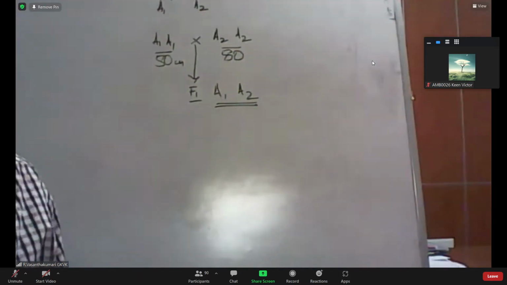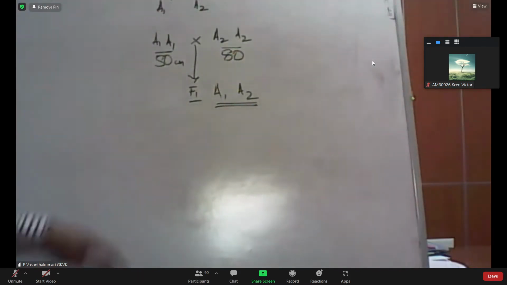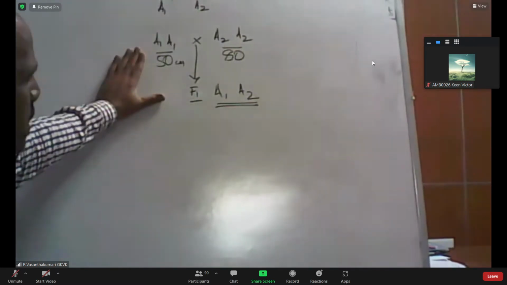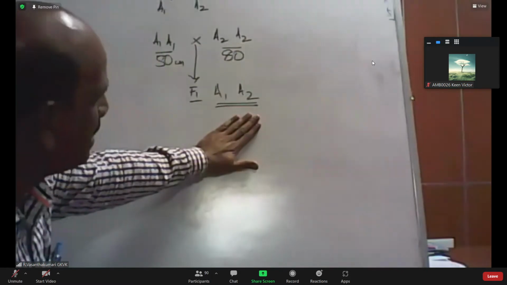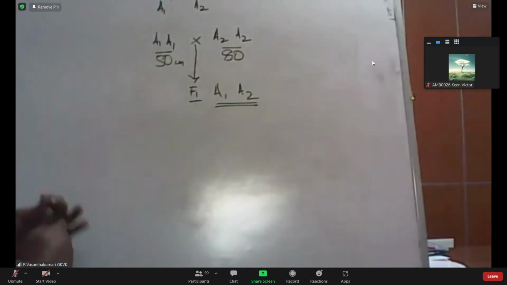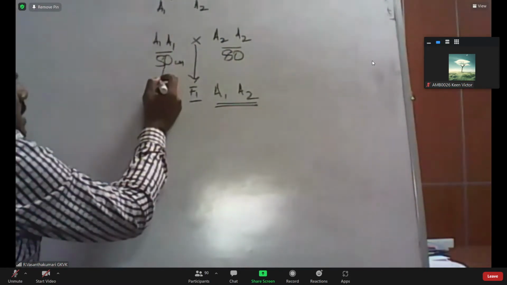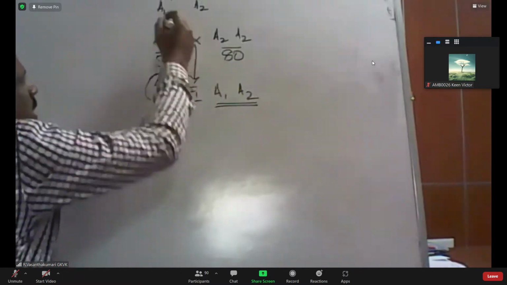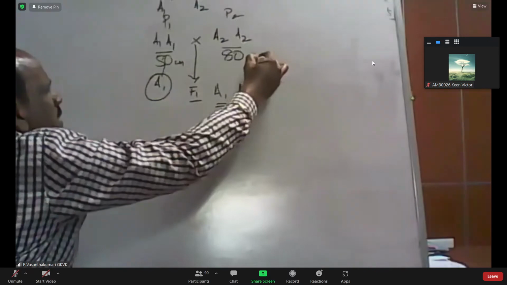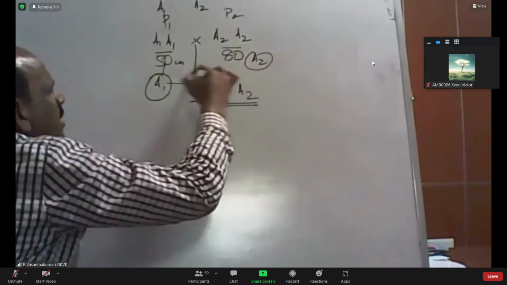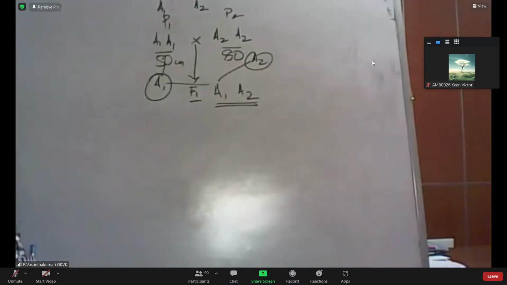Now, I made a cross between A1 and A2. I produced an F1. The F1 genotype is A1, A2 because parent 1 produces a gamete A1 and parent 2 produces a gamete A2. A1 and A2 will fuse to give you the heterozygote A1 A2. Is that clear?